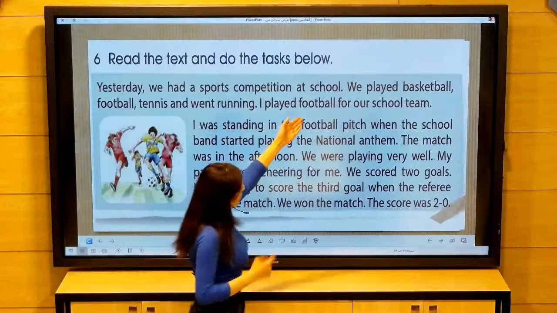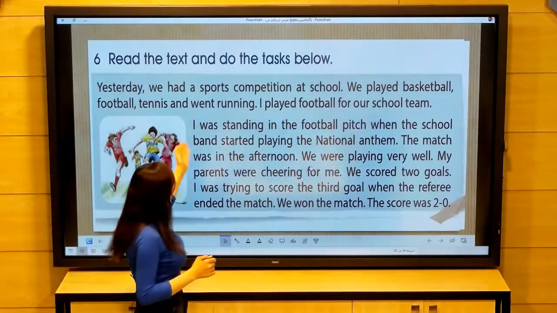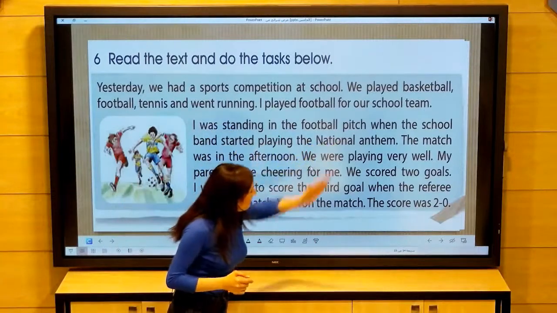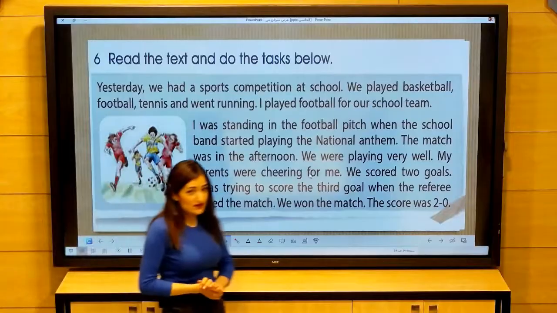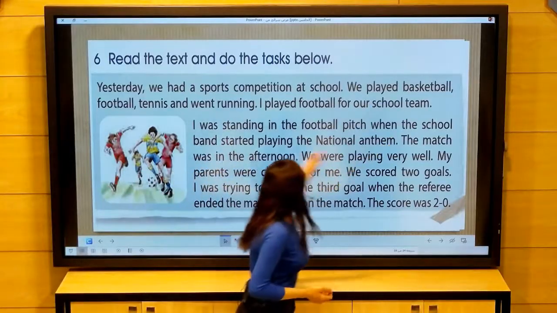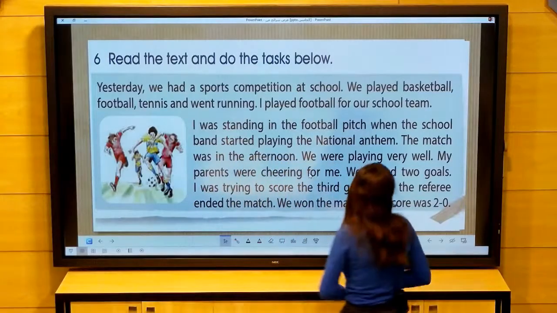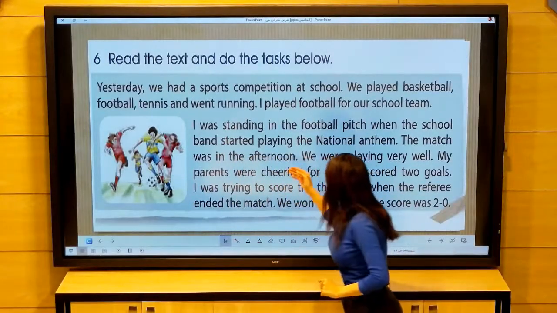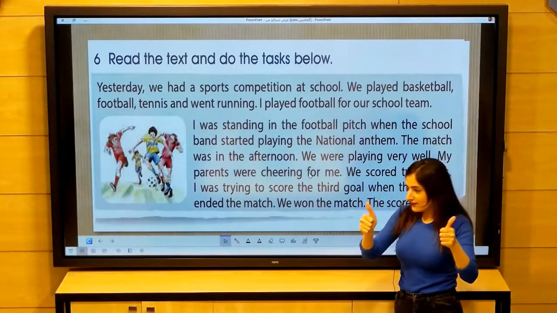I played football for our school team. I was standing on the football pitch. Look at the pitch where they played. When the school band started playing the national anthem, the match was in the afternoon. We were playing very well.